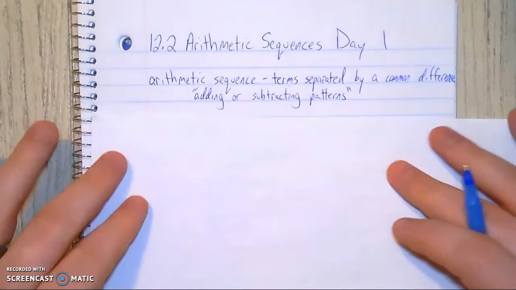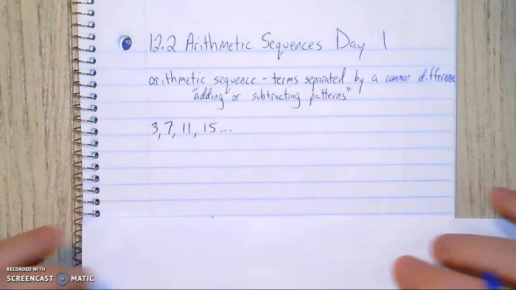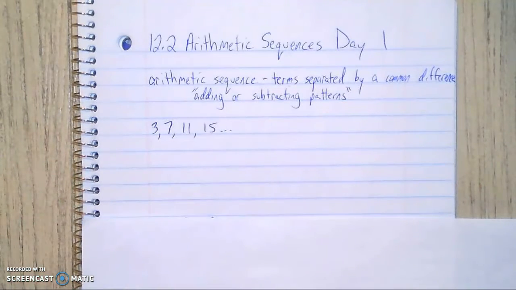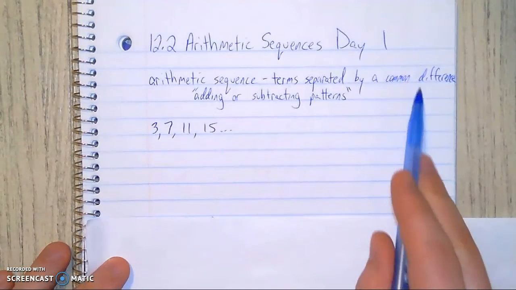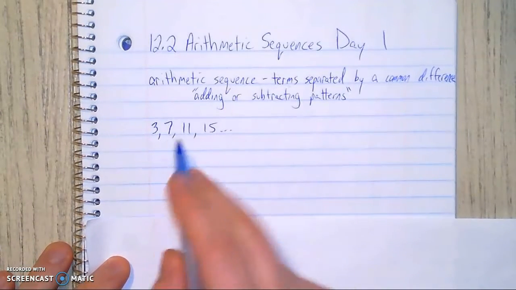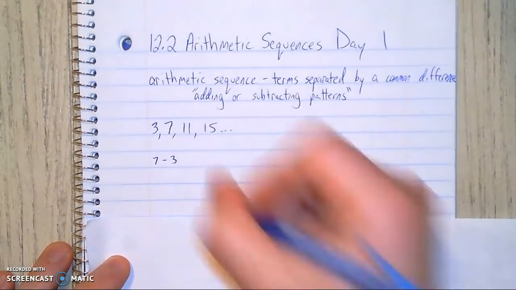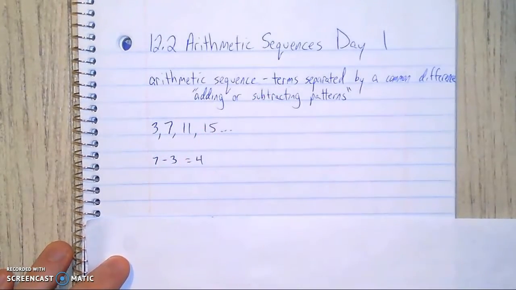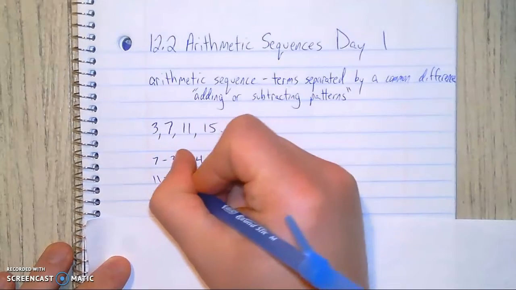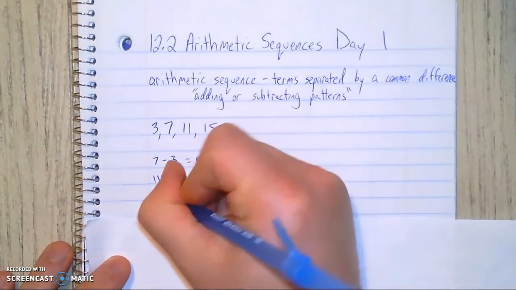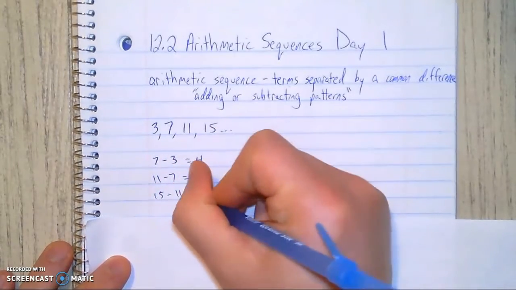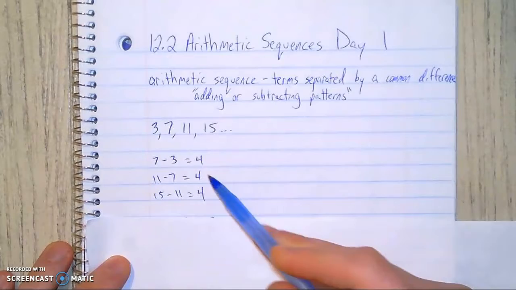So first sequence to take a look at today, 3, 7, 11, 15. Now I'm sure you'll quickly recognize that pattern is going up by 4. So to use the idea of a common difference, I can take one term like 7, take away the previous term like 3, and find a difference of 4. And if I do this over and over again, I consistently find a difference of 4.